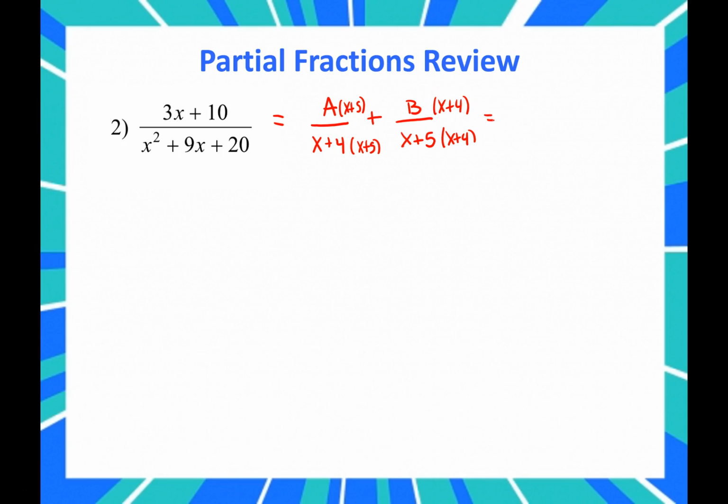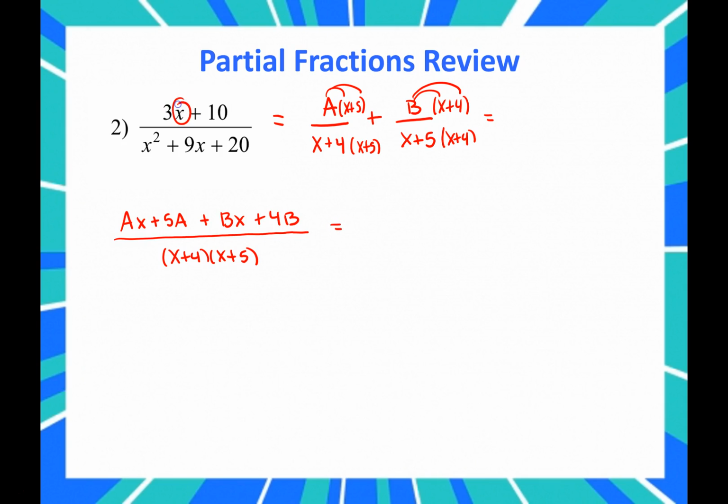So multiplying that through, that's going to give me an ax plus 5a, that's from this, plus bx plus 4b, that's from that. And that's all going to be over x plus 4 times x plus 5. So now let's rearrange this.